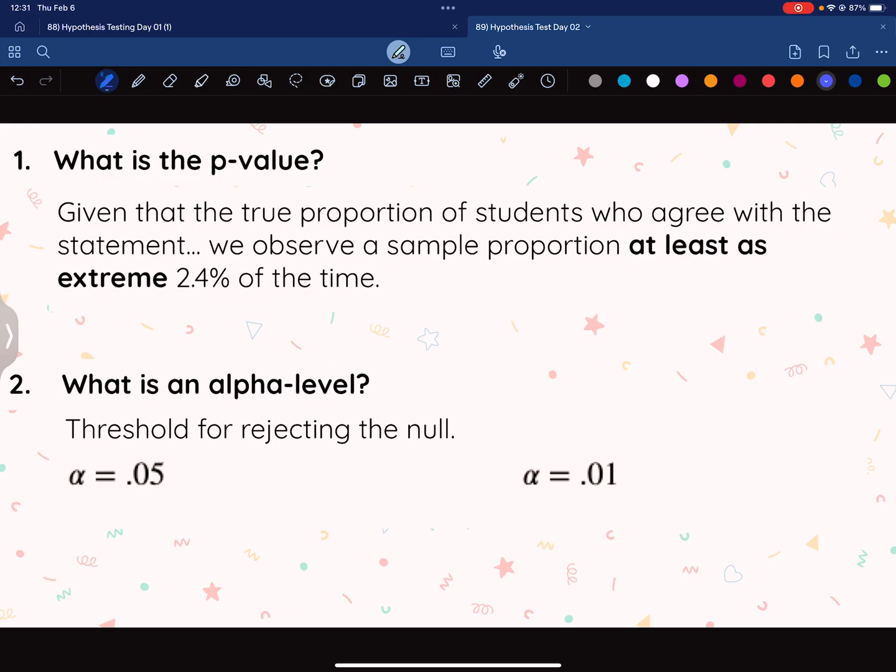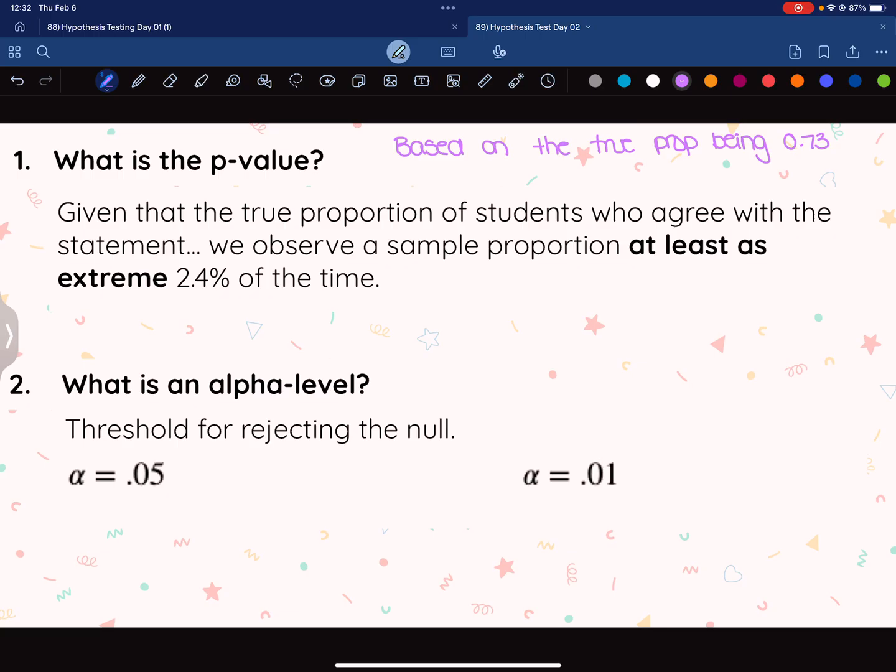So let's talk about that a little bit more, right? When I think about this, the p-value is based off us having that true proportion. Based on the true proportion being 0.73, and of course I would add context: the true proportion of students who agree with wanting to be well off financially.